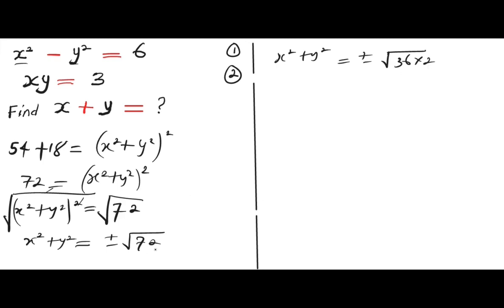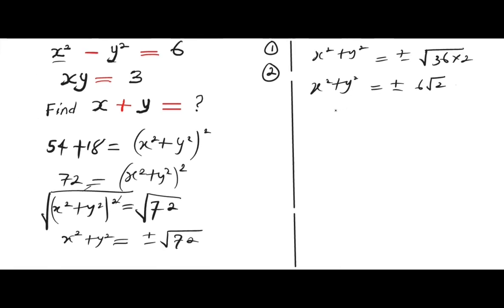Simplifying this further, x squared plus y squared equals plus or minus the square root of 36 is 6, and you have 6 root 2. So this can be written this way: x squared plus y squared equals plus or minus 6 root 2. Okay, so let this be our equation 4.